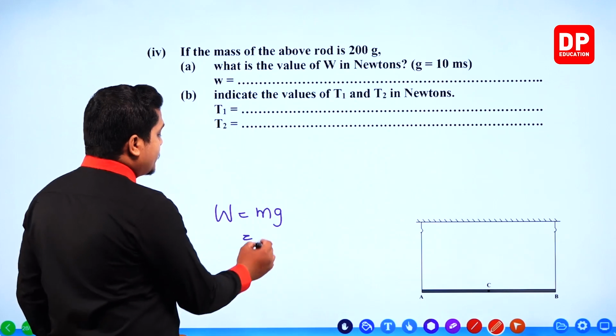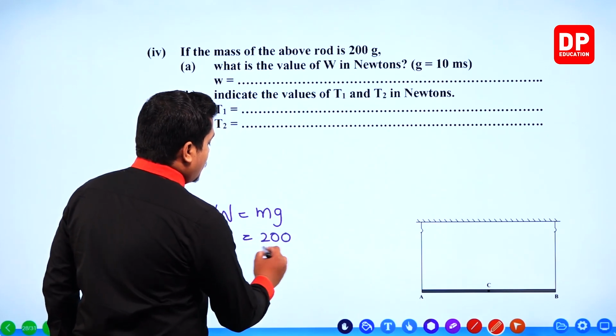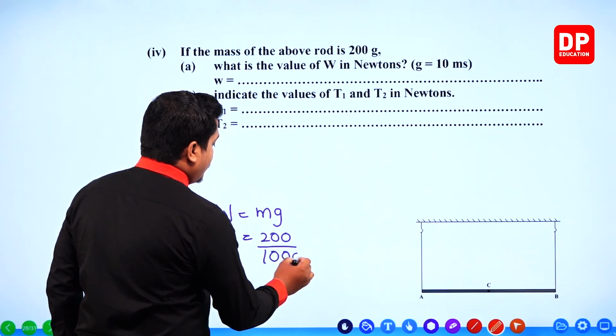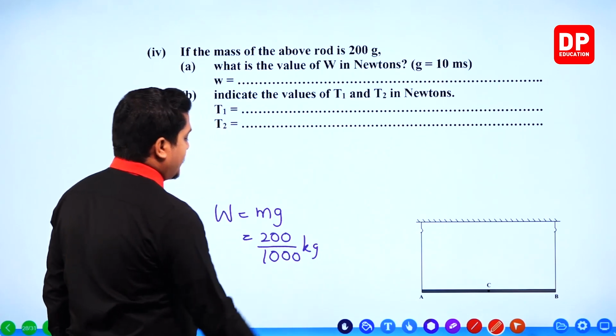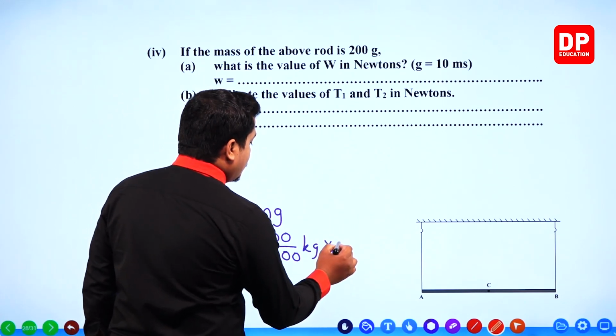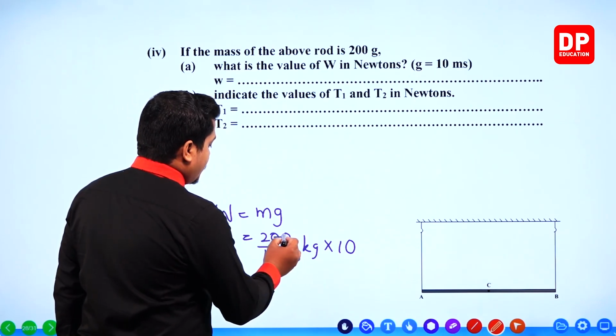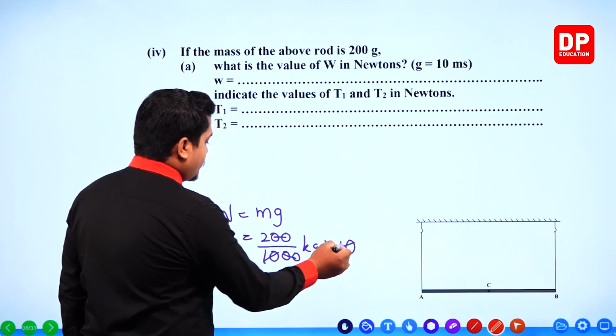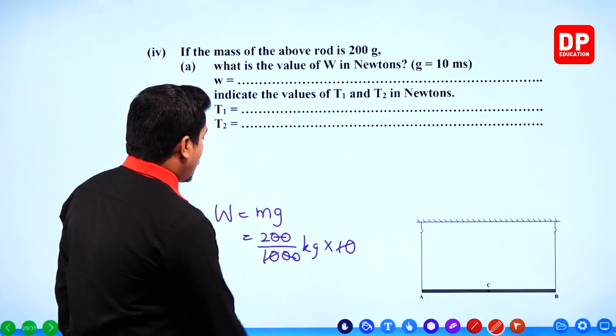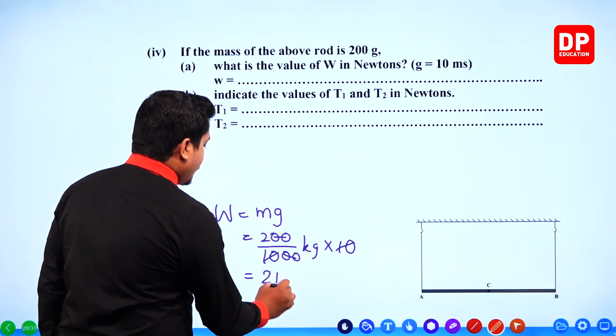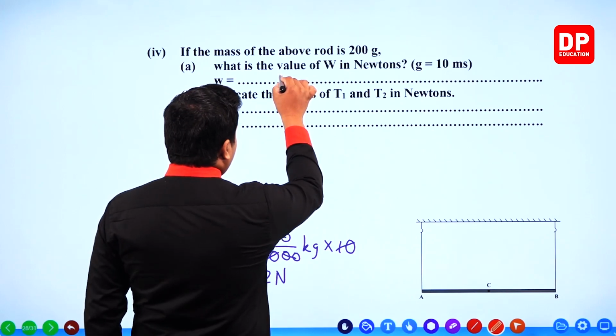Mass is given in grams, so substitute into the formula, but remember we have to put it in kilograms. Then g is 10. Then the two zeros cancel, and again the zero cancels. So the answer is 2 newtons.